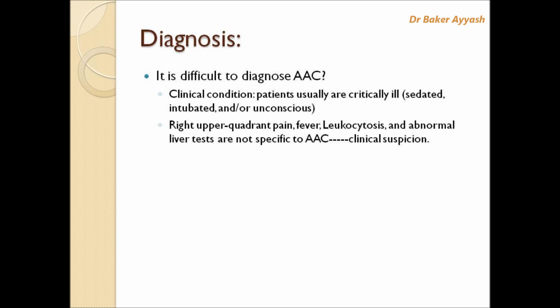Other confounding problems may be that the clinical features are not specific. So the clinical features only give us a suspicion that this patient might have acute acalculous cholecystitis. So we need further investigations by using imaging modalities.